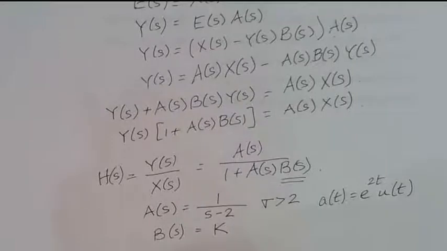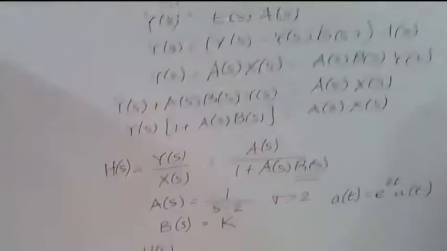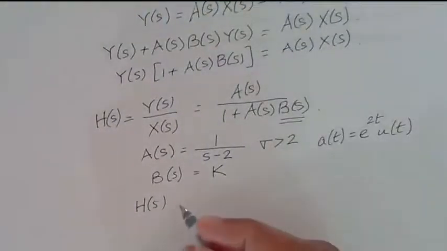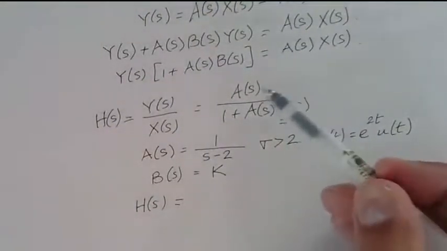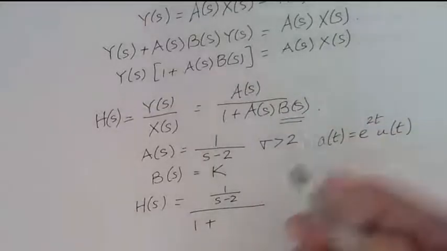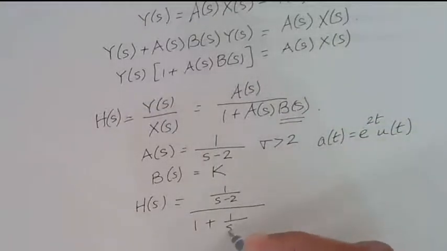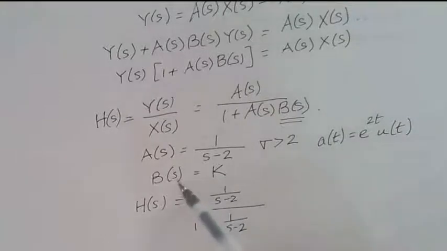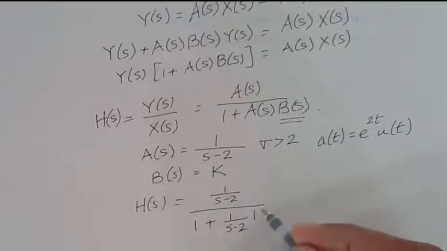So the overall system then, H of S, is equal to, A of S is 1 over S minus 2. So 1 over S minus 2 divided by 1 plus A of S is again 1 over S minus 2. And B of S is just k.